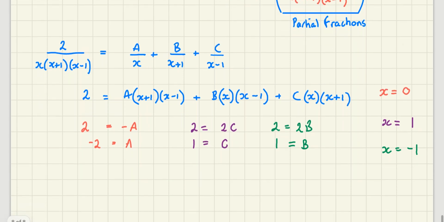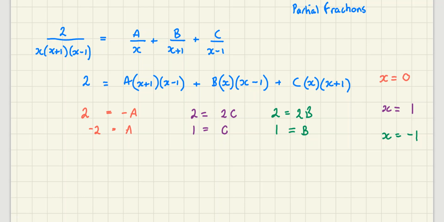So then we're back to here, which means we have minus 2 over x plus b is 1 over x plus 1 plus c is 1, so 1 over x minus 1.